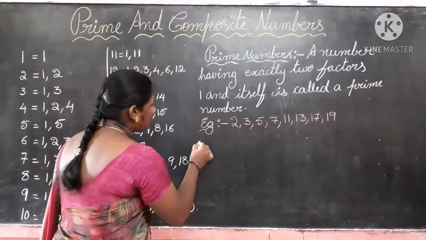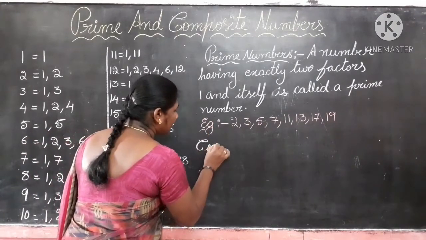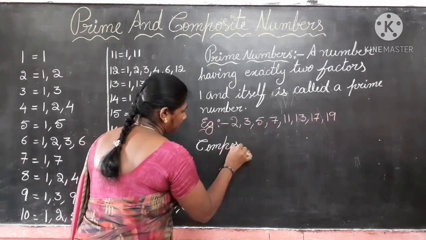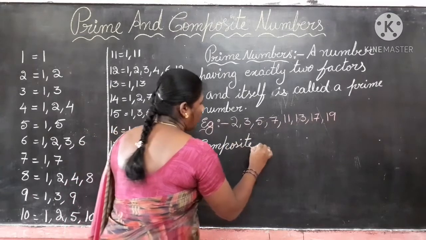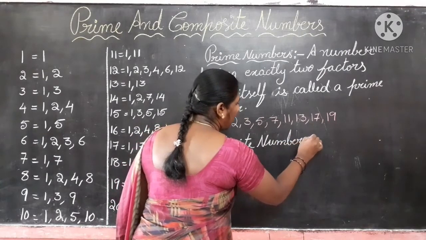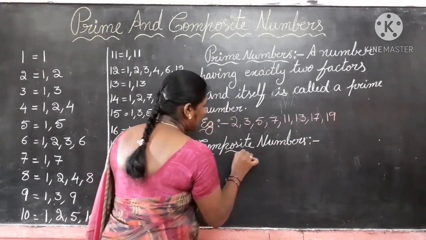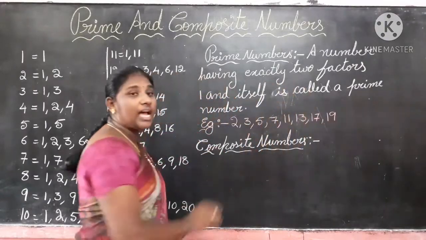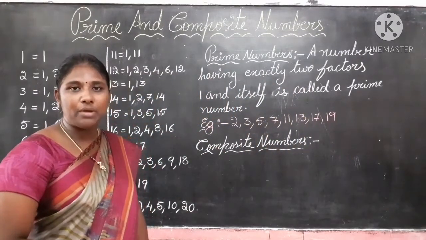Next one, composite numbers. What are composite numbers? First, prime numbers: a number having exactly 2 factors is called a prime number.